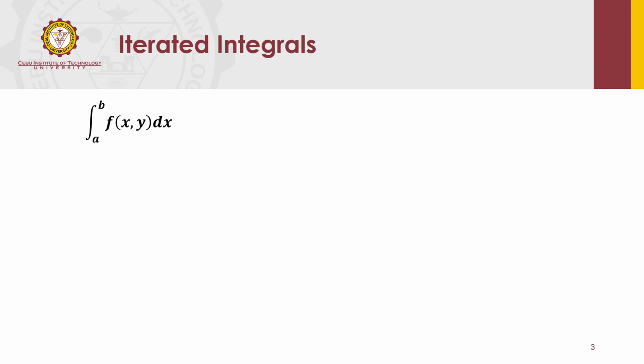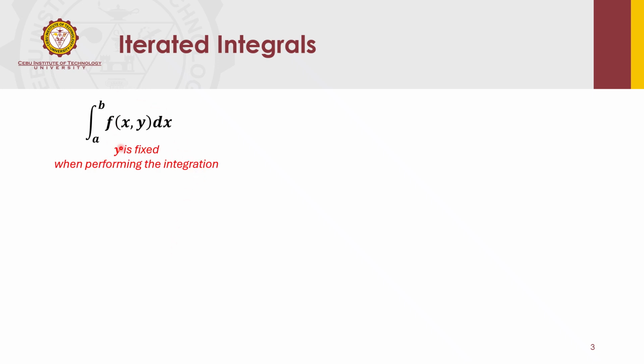Supposing we have this function containing x and y, and we just get a single integral. x is the variable of integration, meaning we keep y fixed when performing the integration.